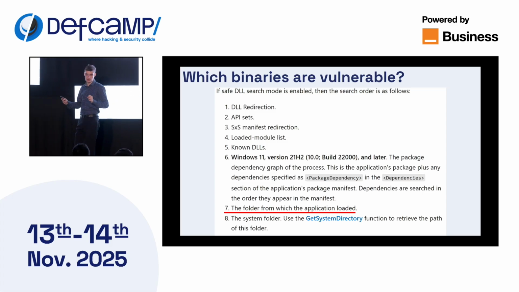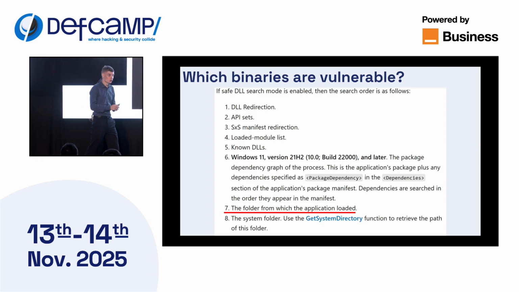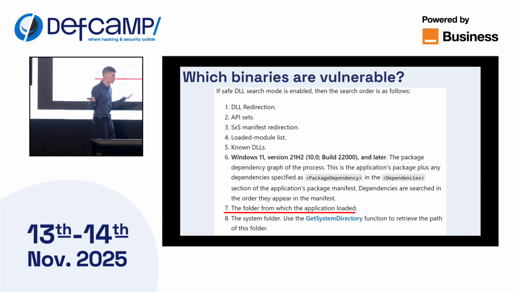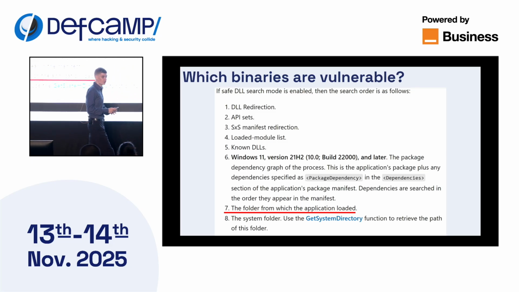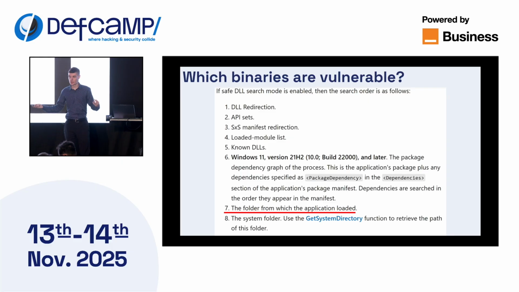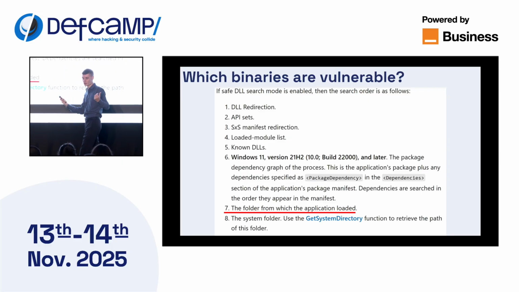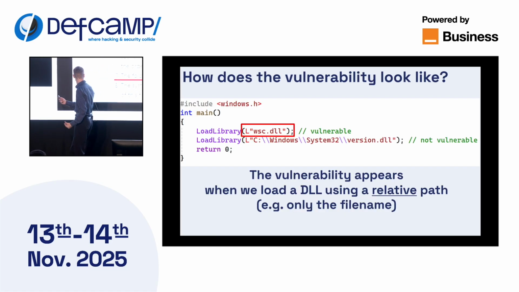Here we can see point 7, the folder from which the application is loaded. It is one of the places where DLLs are searched, the others being the system directory and other directories. In our case, we put our DLL in the same folder as the application file, and we got our malicious code executed.